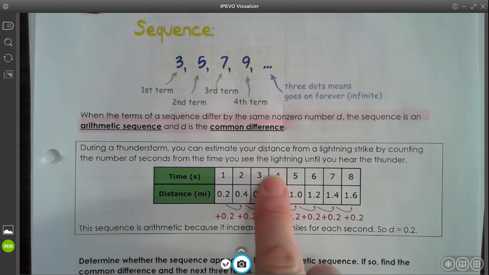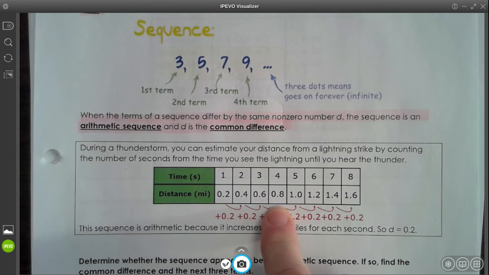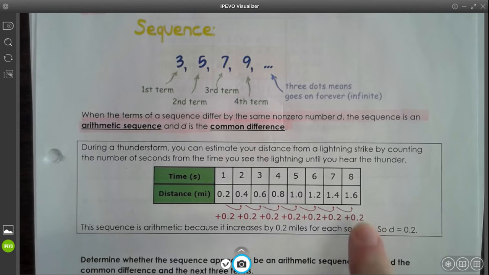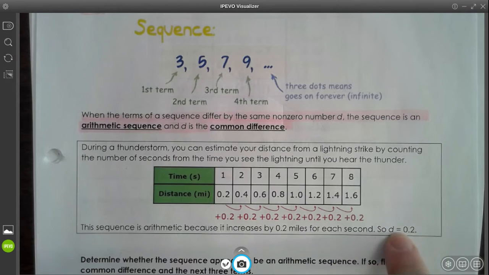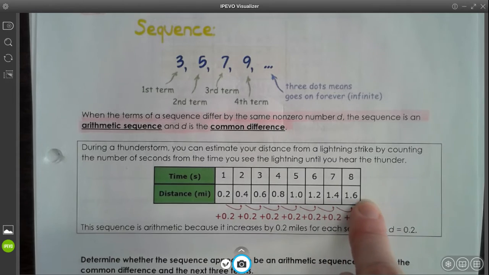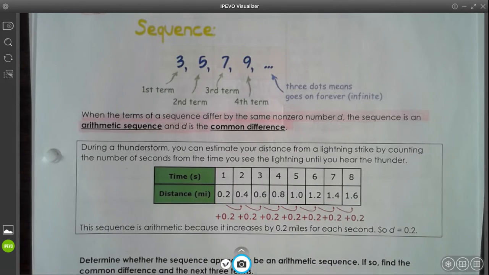If you count 4 seconds between lightning and thunder, it's 0.8 miles away. Notice the distance is increasing by 0.2 every single time. So the common difference is 0.2. This is an arithmetic sequence, these numbers right here, because they are increasing by the same number every time.